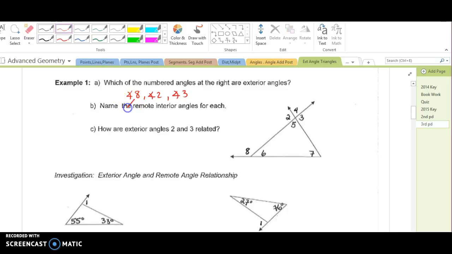Alright, so name the remote interior angles for each. For angle 8, the angles that would be inside the triangle and far away from 8 would be 5 and 7. For angle 2, inside the triangle and far away from 2, it looks like you're looking at 6 and 7.